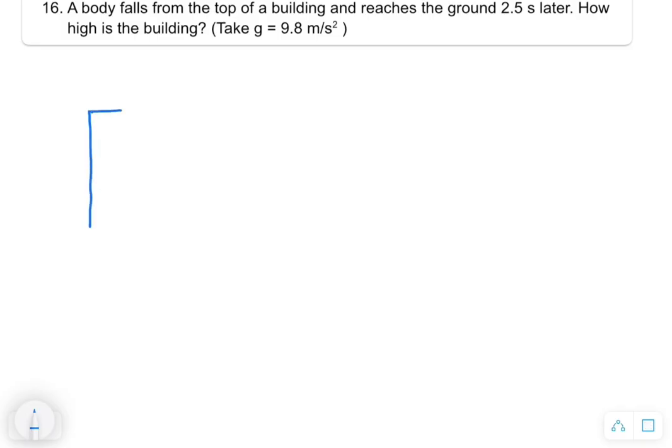Here is a building from which an object falls. It reaches the ground in 2.5 seconds. We need to find the height of this building.